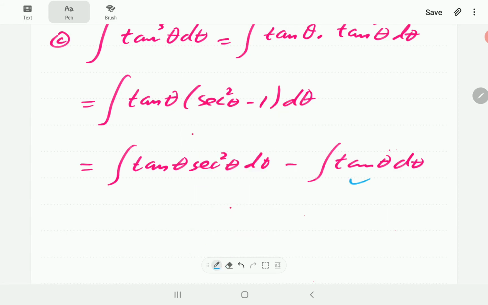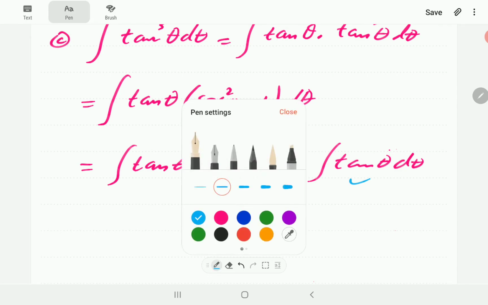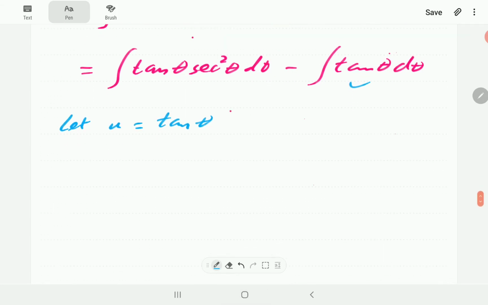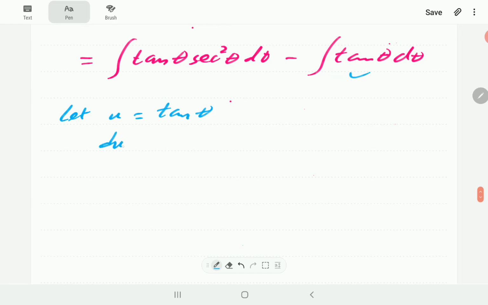This one we have just worked out in part A. This one we have got secant squared here, which we know is the derivative of tangent. So for this one, simply going to let u be equal to tangent theta, then du is going to be secant squared theta d theta.